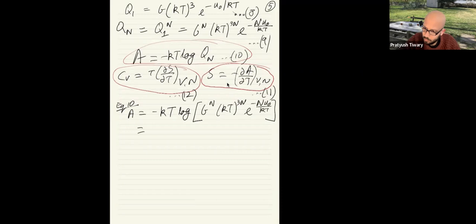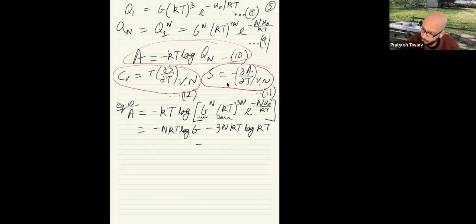What is that? That's going to be minus nkt log G minus 3 nkt log KT. So this one gives us minus nkt log G. This one gives us minus 3 nkt log KT. And the last one, it's log of exponential.